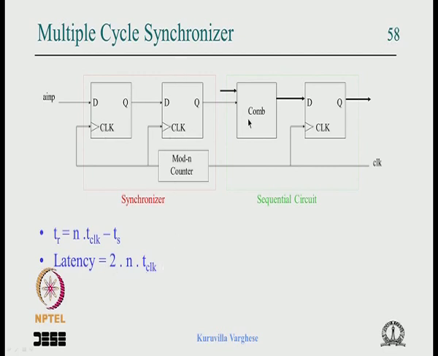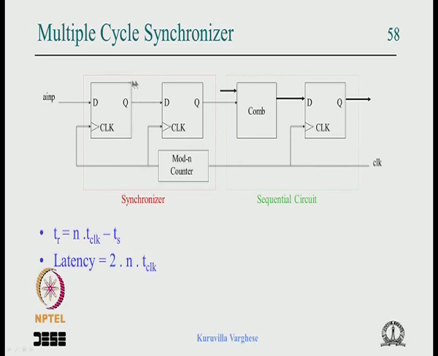There is a lot of latency here. If n is say 3, it takes 6 clock cycles to reach here, and you have to see whether it is tolerable for the system you are working with. So it is a multiple cycle synchronizer which reduces the probability of this particular flip flop remaining in metastability for long.